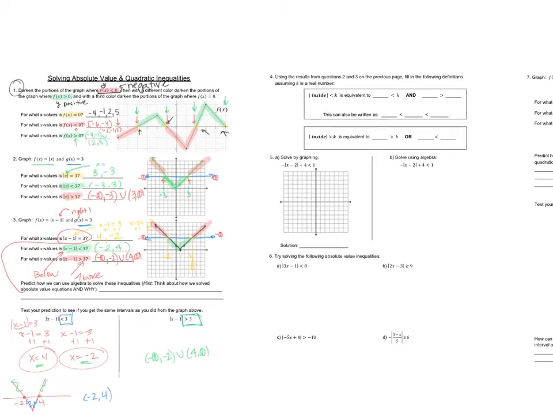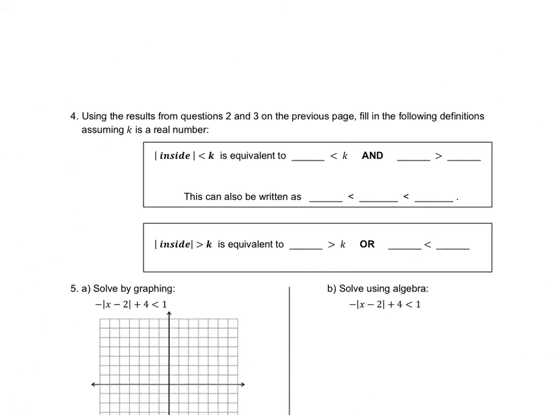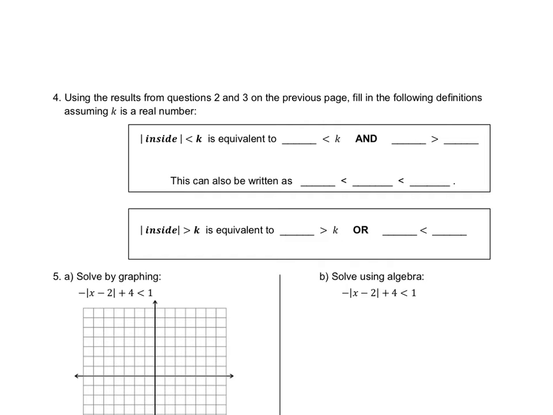Some people like to memorize something, and this one isn't my favorite, but I'll write it based off of what we have just noticed. If we're talking about the absolute value of something, and I'm still drawn to my v, and we're being less than, then it's equivalent to saying that the inside part is less than the k, so this would be where our k is, and then this is going to be our -k.